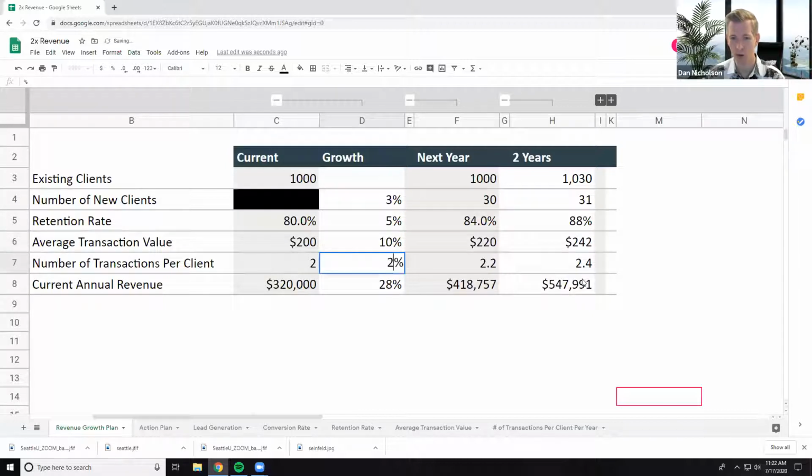I could switch these around. In any combination, as long as it's 38%, we get to the same output. So if you wanted, you could make this 20% and this 3%. But the moral of the story is that as long as we get to this magic number, we're going to slightly more than double each year.